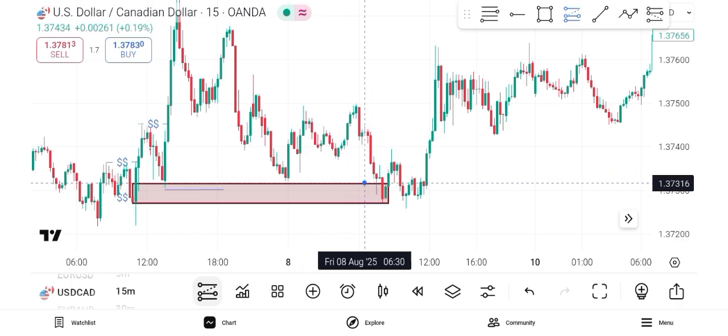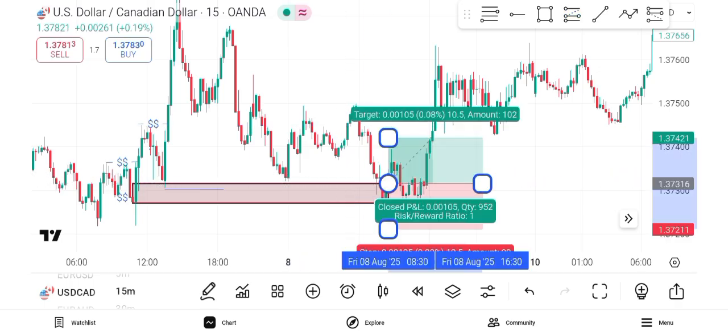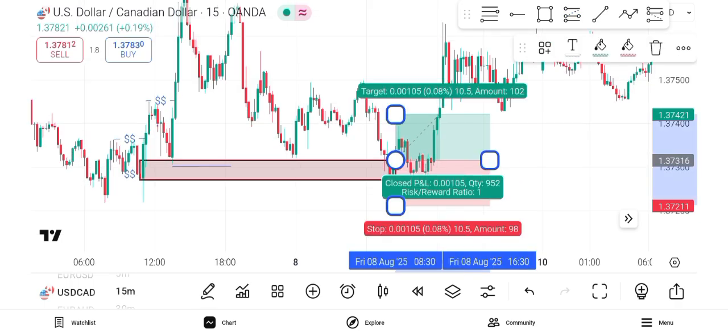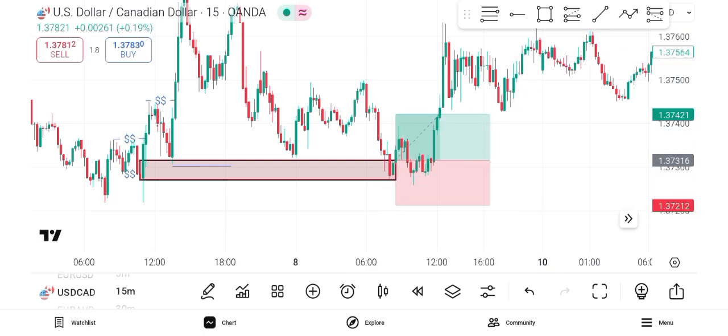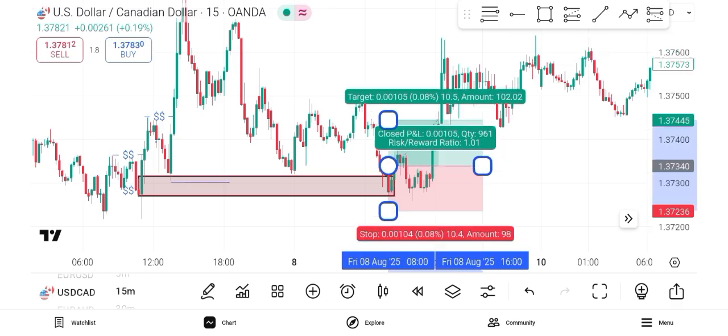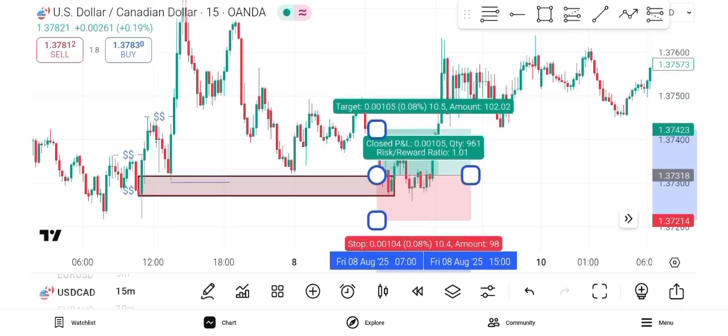Like me now, I took only 1:3. Your stop loss must be below this main low right here, and you target your 1:3. I'm sorry guys.